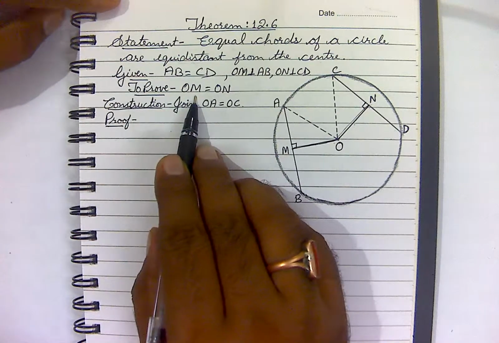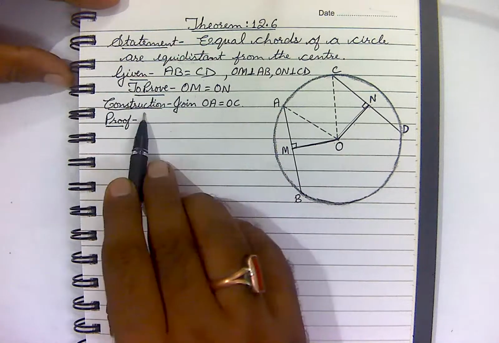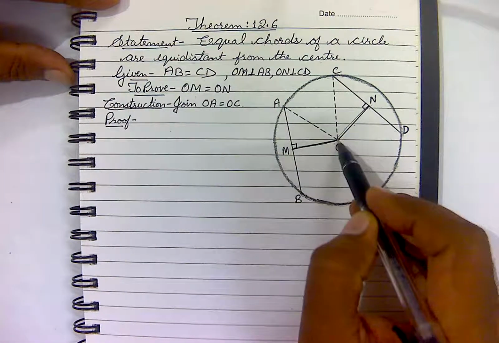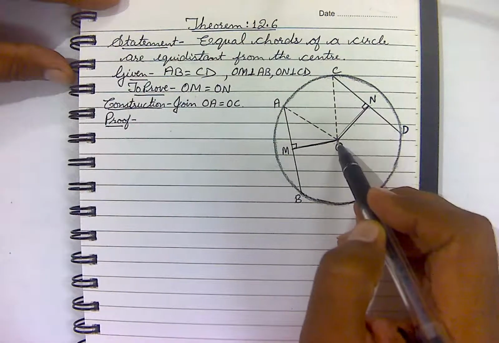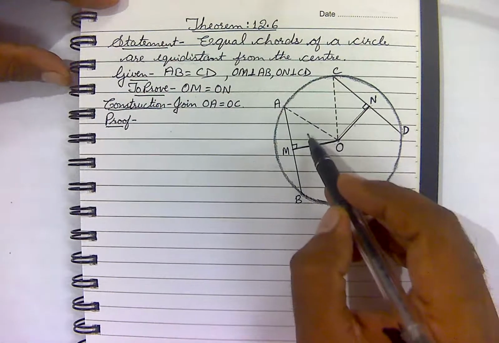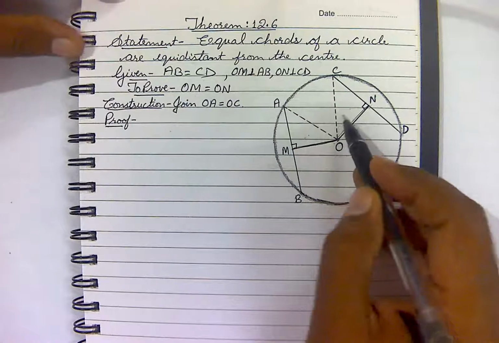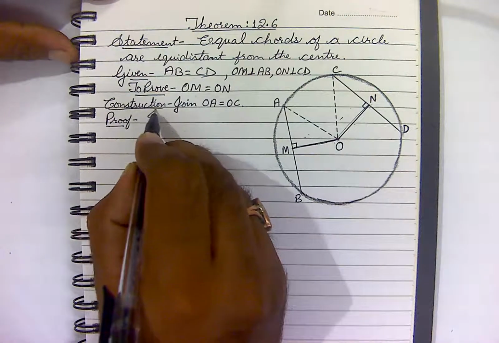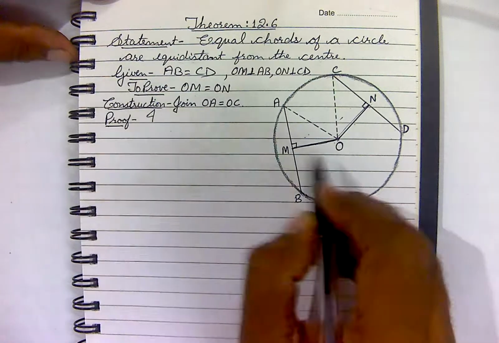To prove OM equals ON, for the construction we will join OA and OC. Any of these can be drawn. After joining these, we get two triangles. Take the two triangles and try to prove that they are congruent.